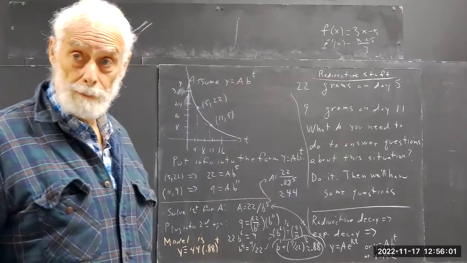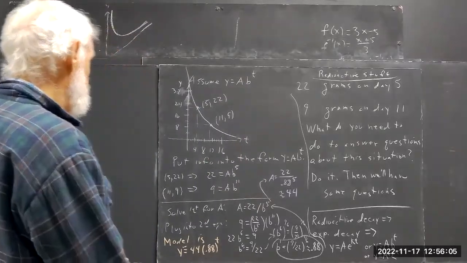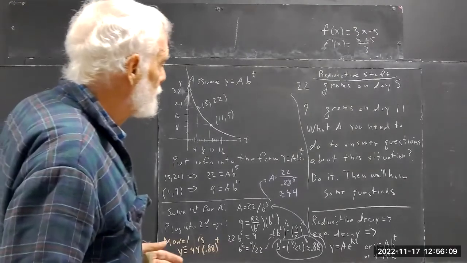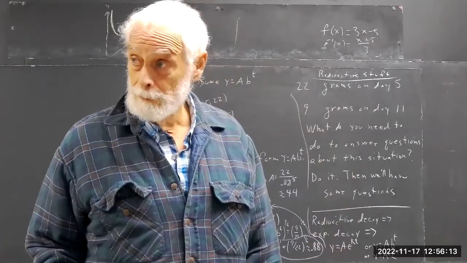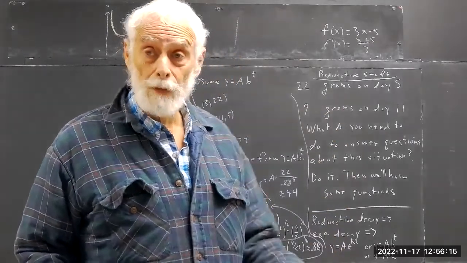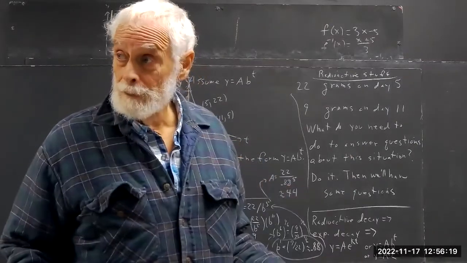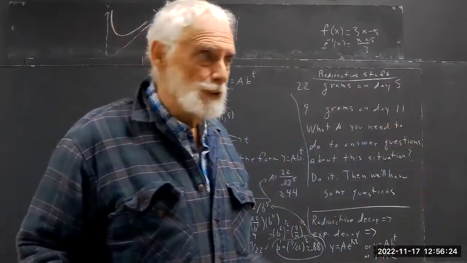That's b to the t. My point is, given this information, you can find the model. And given the model now, I can ask you, what's the half-life? I can ask you how much stuff you have after 60 days.